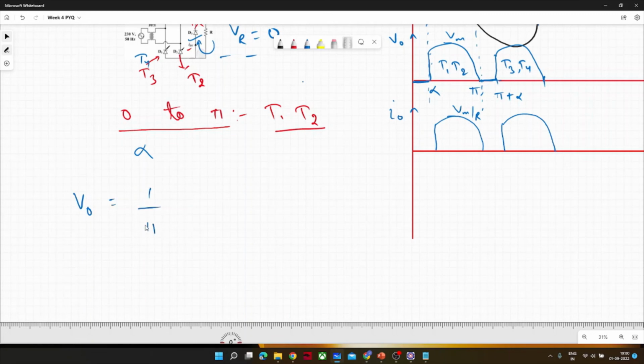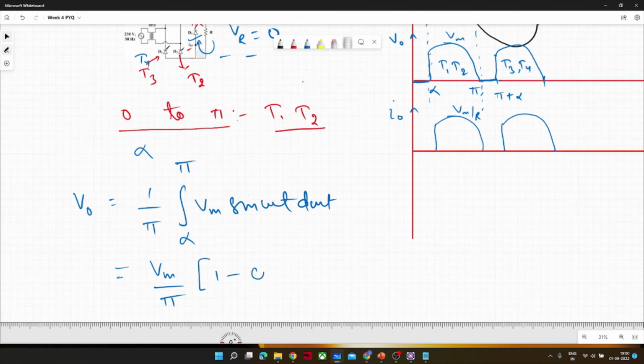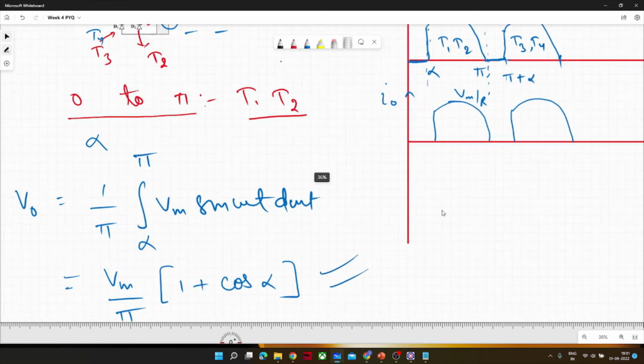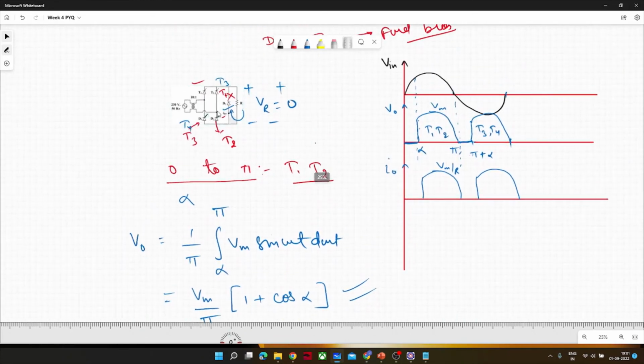Since it is repetitive after every pi period, you can derive V naught from alpha to pi, Vm sine omega t d omega t. If you integrate it, you will get Vm by pi times 1 plus cos alpha. This expression of output average voltage will be fixed for a single phase semi-converter, whether asymmetric or symmetric. In asymmetric, the position of the diodes will change.